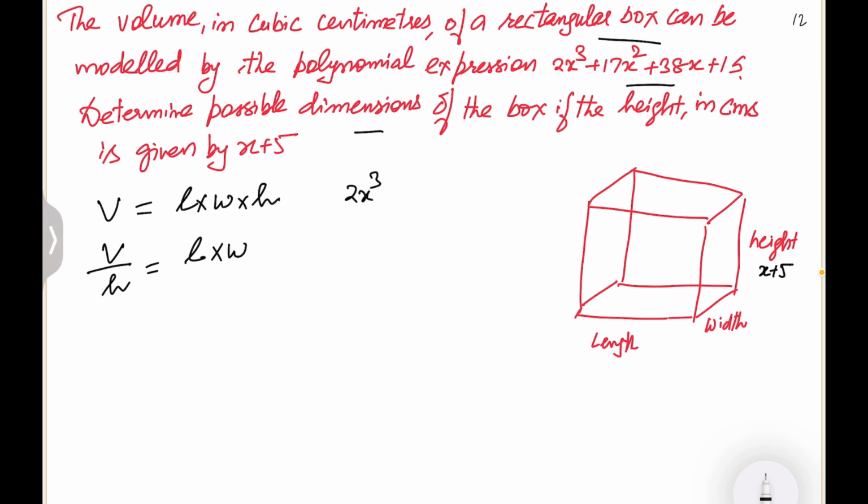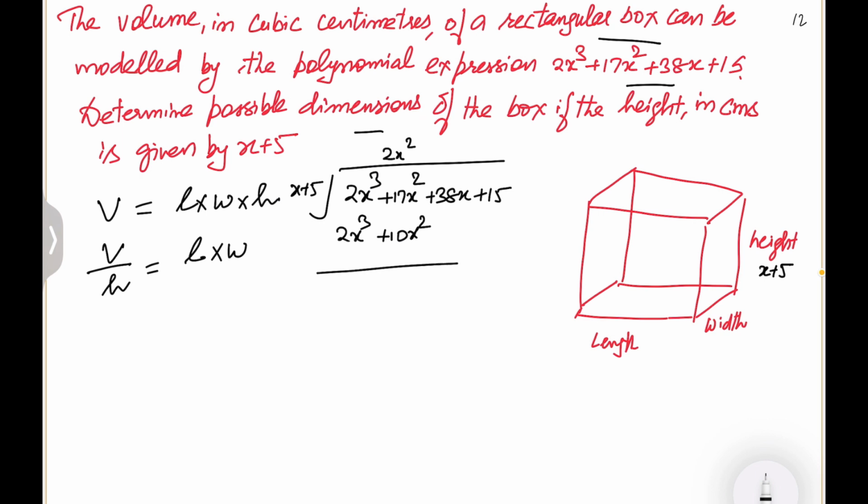2x cubed plus 17x squared plus 38x plus 15 divided by x plus 5. Looking at the first term, the first term in the quotient is 2x squared, that will give us 2x cubed plus 10x squared.